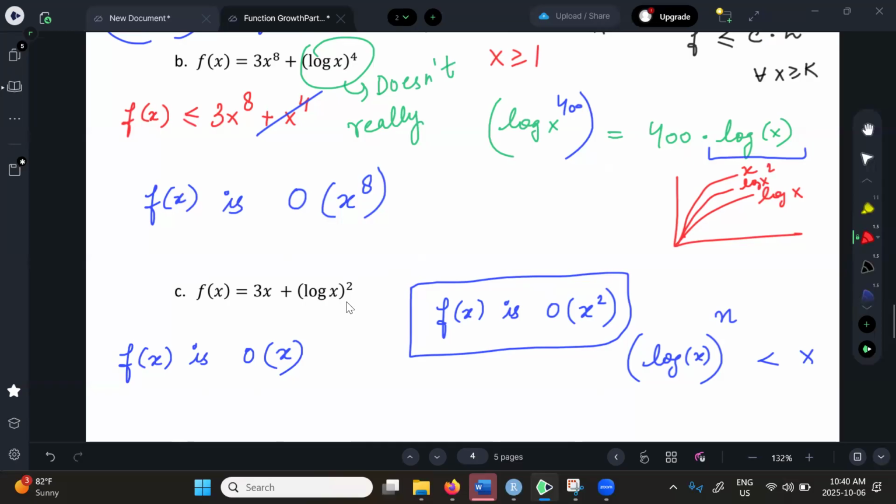I think for log of x to the power of n where n is greater than 1, it will intersect at some point. And that point is okay with us, right? It intersects at some point, n greater than or equal to k, right? But in this case, it's 2.